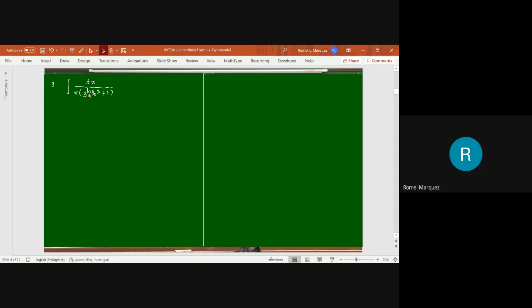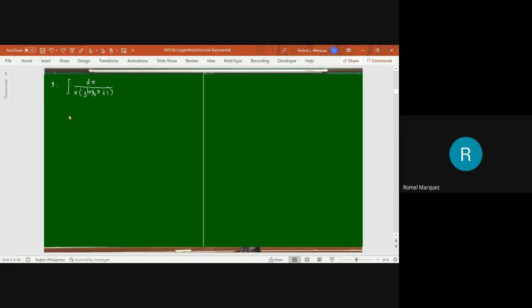Oh, what is the u? Let's try. When there is a log, the derivative of log of x to the base 5 has something to do with 1 over x.